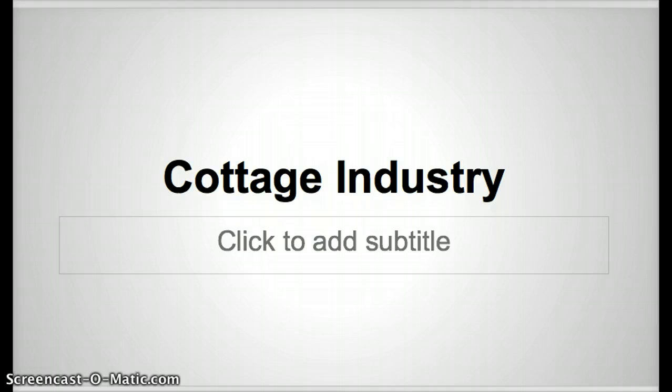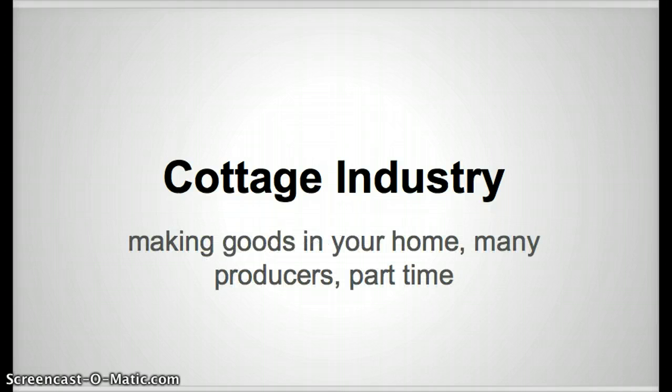Well, it begins with something called the cottage industry. The cottage industry was what was in place before the Industrial Revolution. You would have about 90% of your people working in the fields. But these people would also make cloth in their homes.